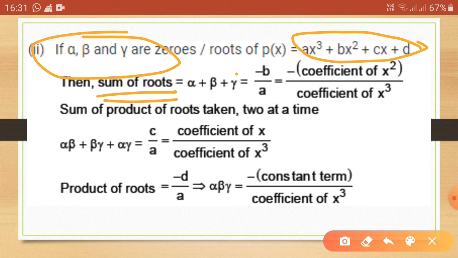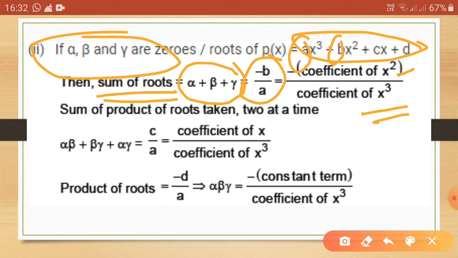Here the sum of roots will be alpha plus beta plus gamma, and the formula for the sum of roots is minus b by a. Here minus b means minus the coefficient of x square, which is b, and in the denominator it will be the coefficient of x cube, that is a. So the formula for this expression is alpha plus beta plus gamma, the sum of roots, equal to minus of the coefficient of x square by the coefficient of x cube, that means minus b by a.